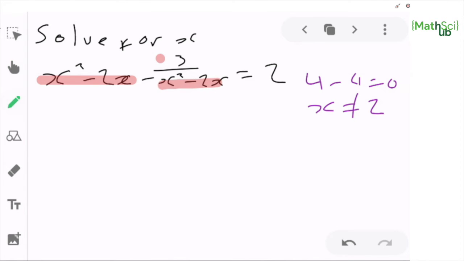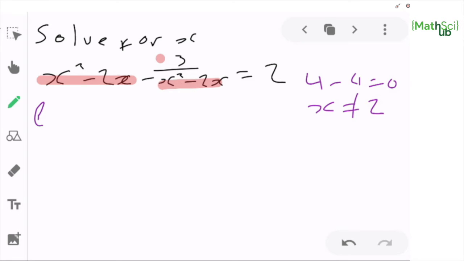Now, after setting out your restrictions, like I said, look at which expressions repeat themselves. Now, in this case, it's x squared minus 2x, and here we have x squared minus 2x. Your next step is you need to assign a variable to this.